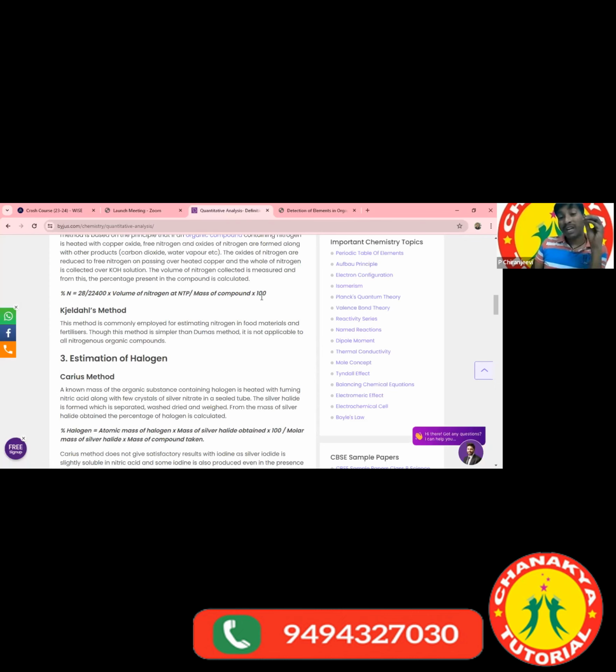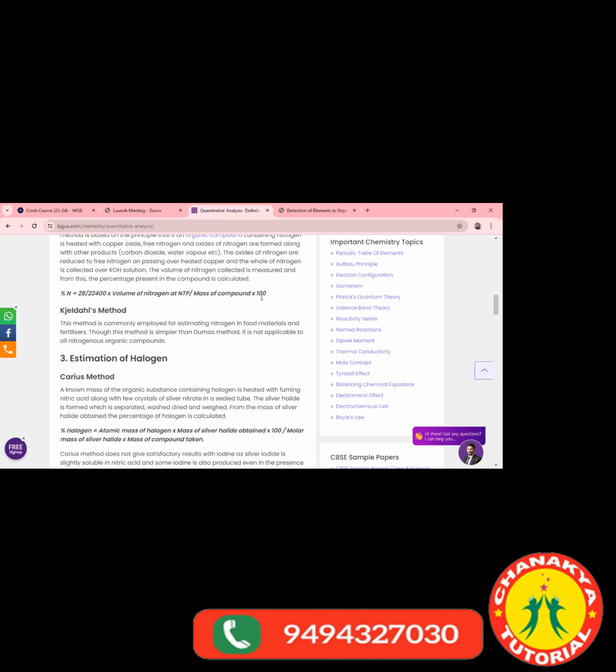In NEET level, formula-oriented questions only they're asking, so formulas are very important to remember.